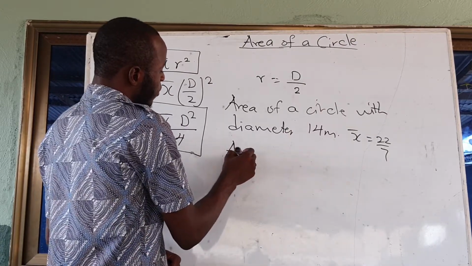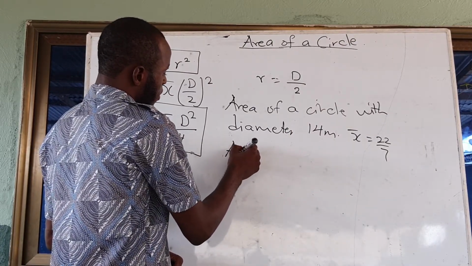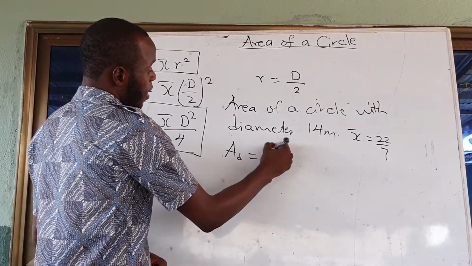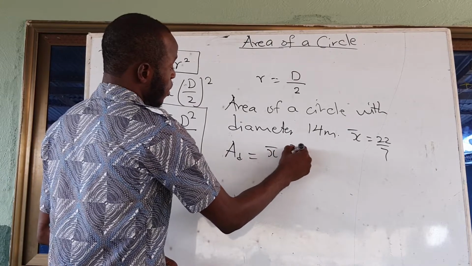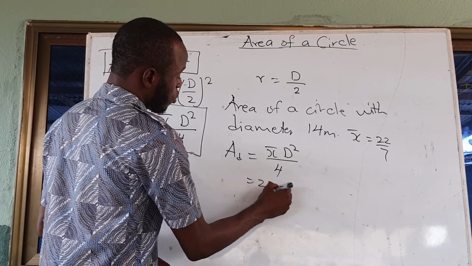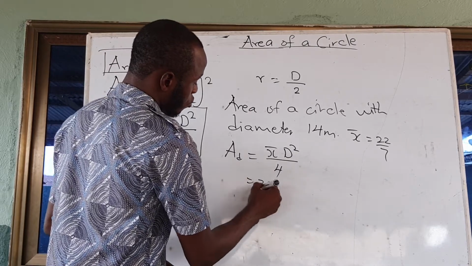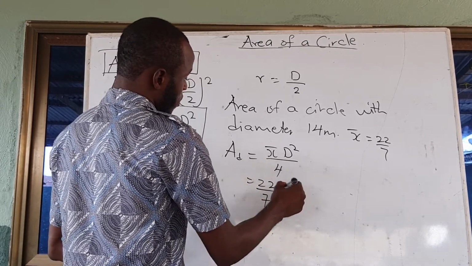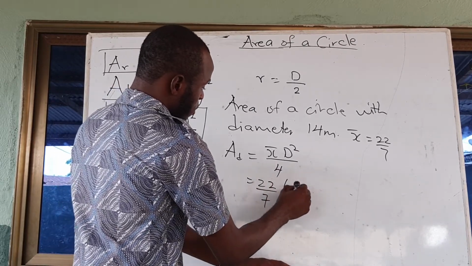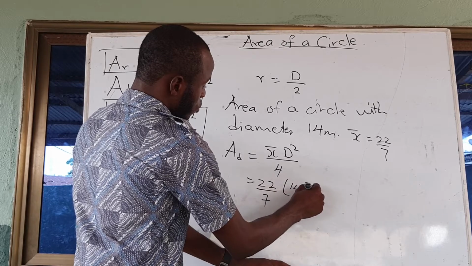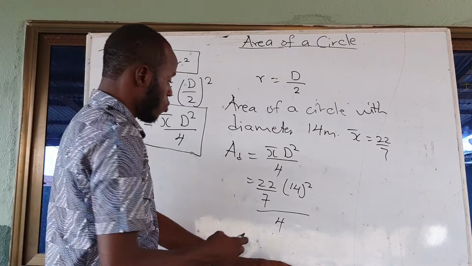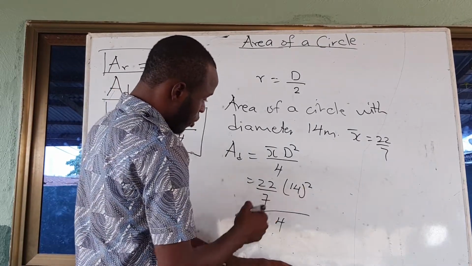I know that area given the diameter is pi d squared over 4. So from here I have 22 over 7, then d, my d is 14, so 14 squared, all over 4.